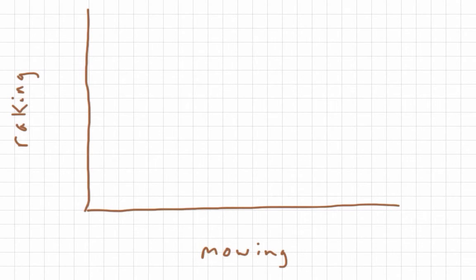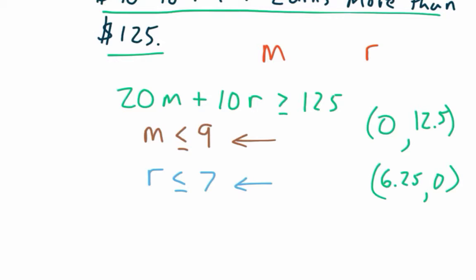So I have 1, 2, 3, 4, 5, 6, 7, 8, 9, 10, 12, 13. I guess I'll just make each one be 1. So that's going to be a 0, 1, 2, 3, 4, so that's a 5, 6, 7, 8, 9, 10, that's a 14. My X-axis, I need to jump back.